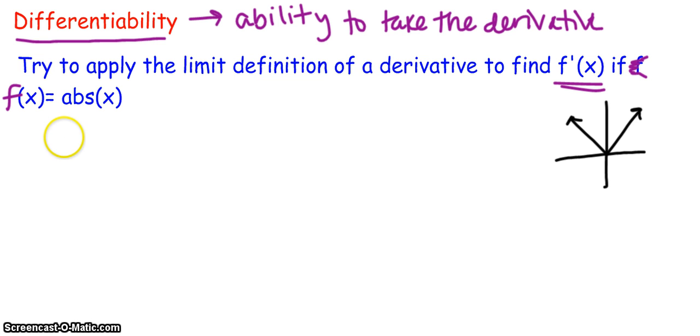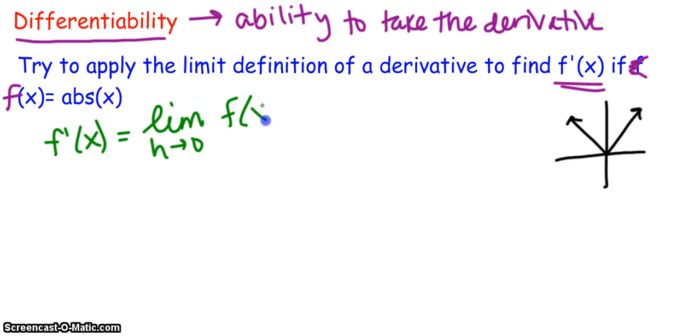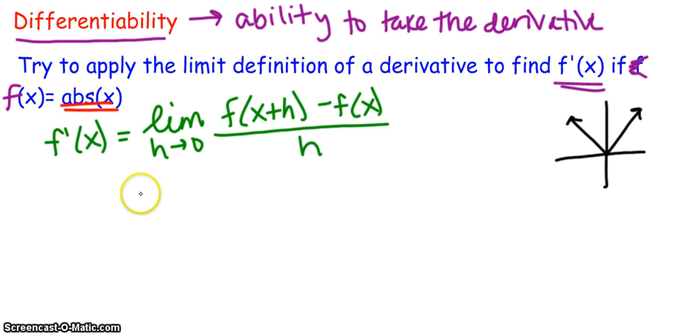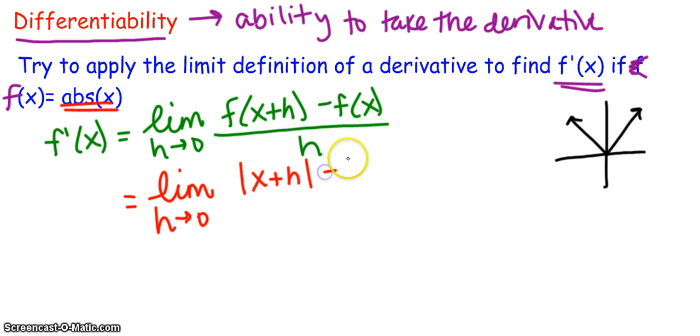Imagine that. So if we want to find f prime of x, we know that that's equal to the limit as h goes to 0 of f of x plus h minus f of x all over h. Well, our function is the absolute value of x, so that means our derivative is going to be the limit as h goes to 0, the absolute value of x plus h minus the absolute value of x all over h.